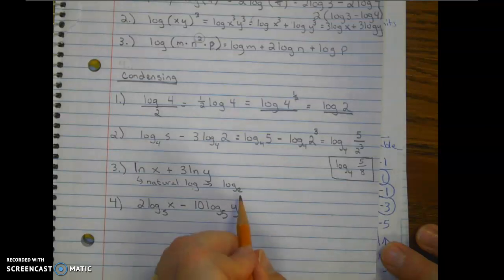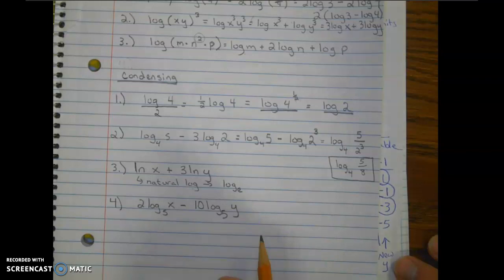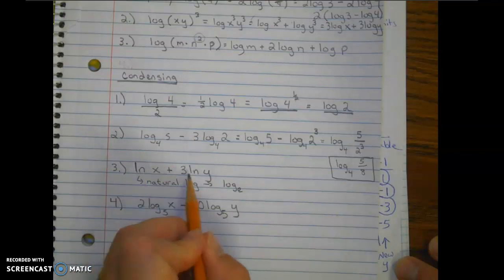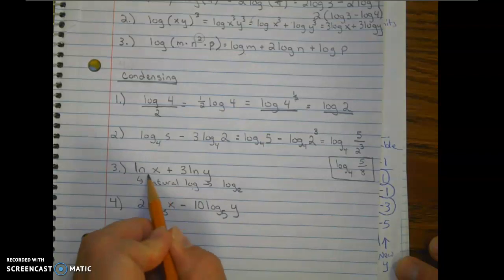And e is an irrational number that's found in nature, and we're going to learn about what e is in the future. But right now, the main purpose of this lesson is to learn the properties. So we will continue this discussion later. All you need to know right now is this is just two logs. The base is e for both of them, so we're good.